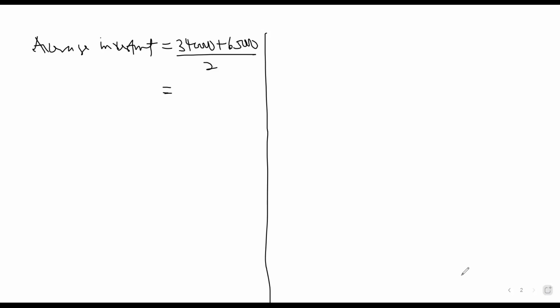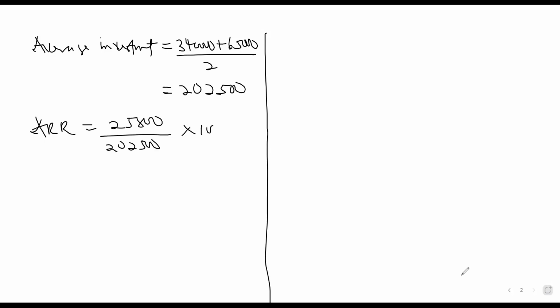But we don't have working capital here. So I'm having 202,500. Is that correct? So our accounting rate of return for the first one will be 25,800 divided by 202,500 multiplied by 100. Am I correct with that?